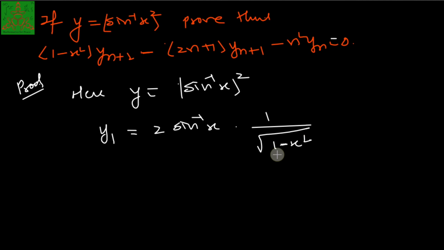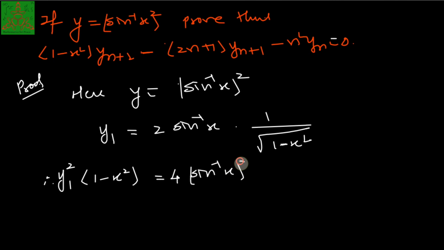So if you take the square root of 1 minus x square to the other side, and do the square by removing the square root, because I want to take the second derivative also, so it is better that you remove this square root. So it will give me y1 square into 1 minus x square equal to 4 into sine inverse of x whole square. But sine inverse of x whole square is nothing but y, so that will give me 4y.